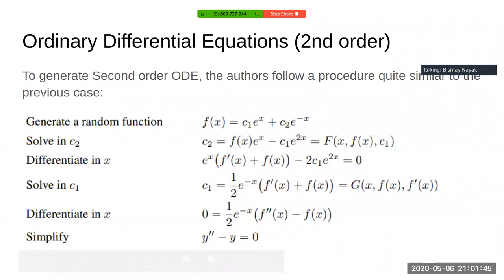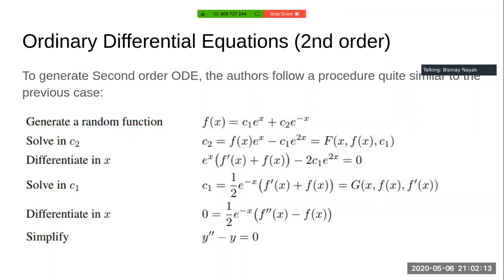Now we know that the function being solvable in c2 or c1 is very important. Since we can't make sure that the function is always solvable in c1, we just see if we are able to solve it.